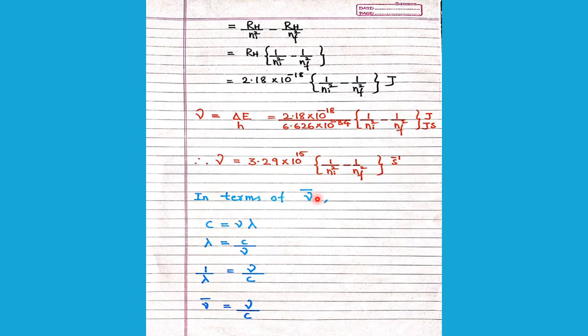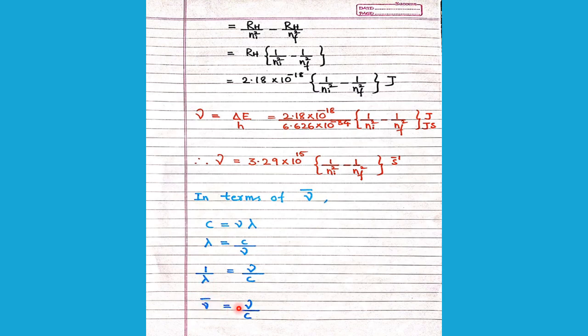Now if you want to express it in terms of nu bar, let us use the same velocity of light equation, C equal to nu lambda. So lambda equal to C by nu, or taking the reciprocal, 1 by lambda equals nu by C. What is 1 by lambda? 1 by lambda is nothing but the wave number. Please recall the definition of the parameters.